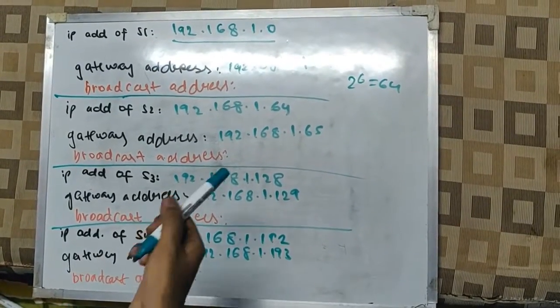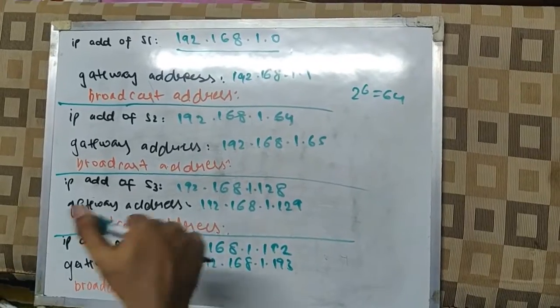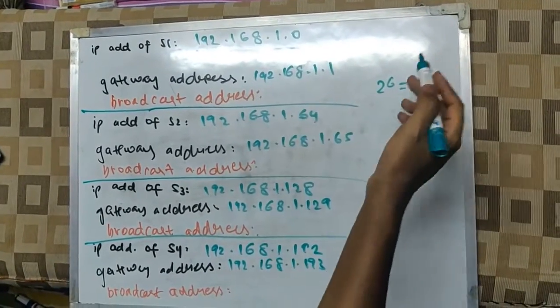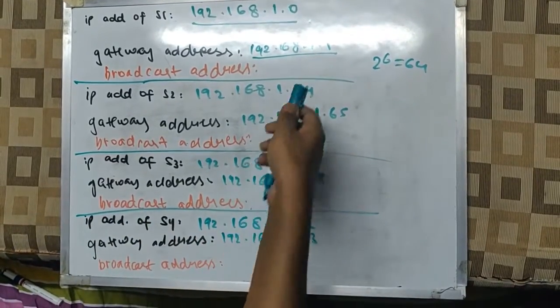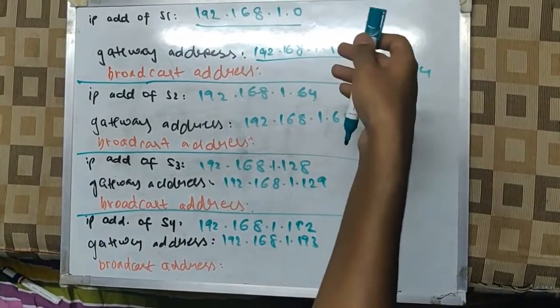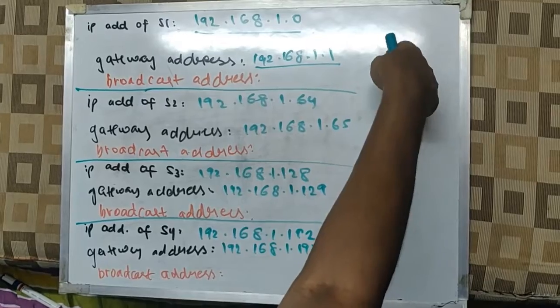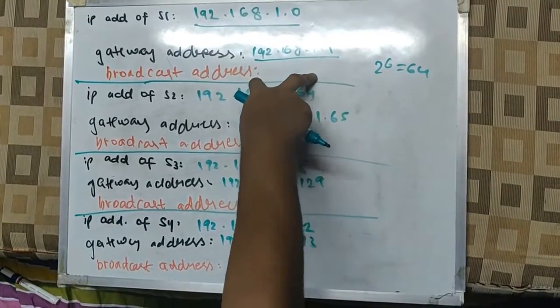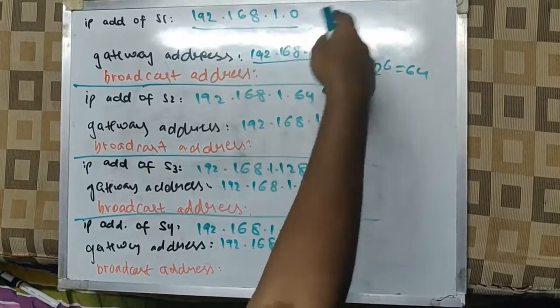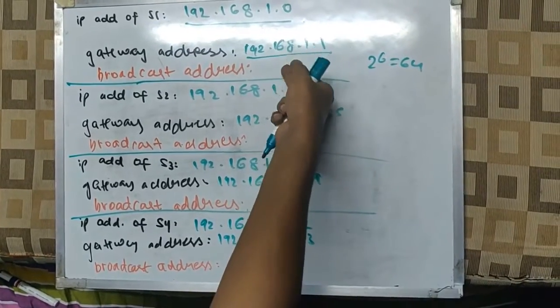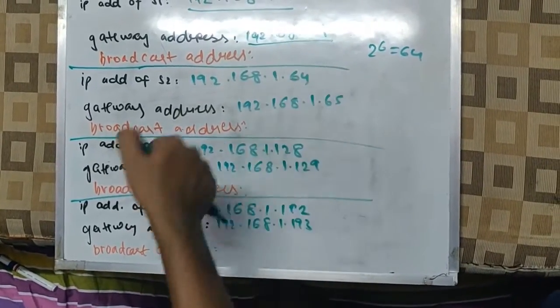Now, what exactly do we mean by gateway addresses? If I address a message to 192.168.1.1, this implies that the message is targeted towards this entire subnet. So through this address only, you will be able to address the remaining host addresses.